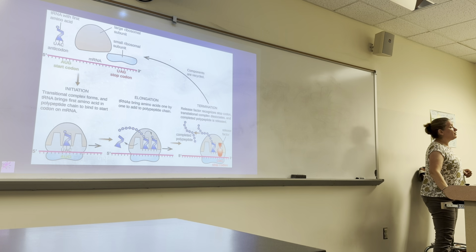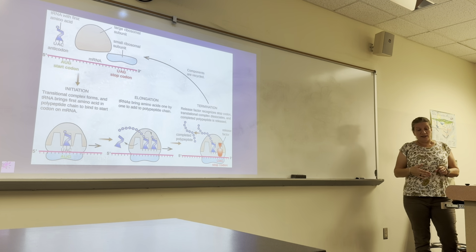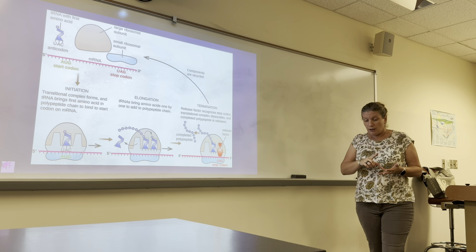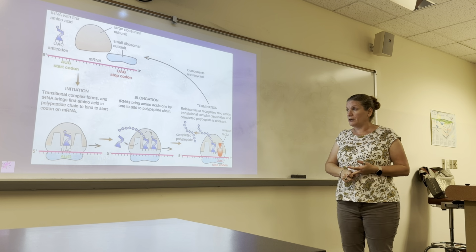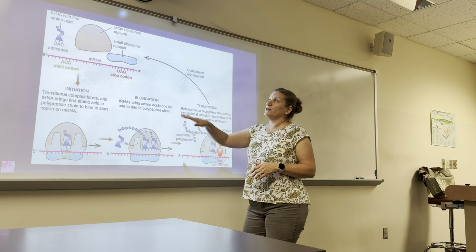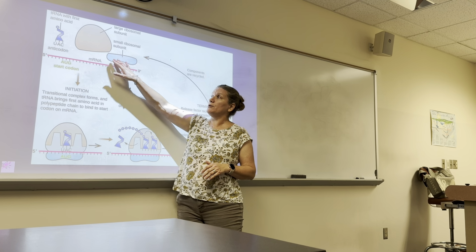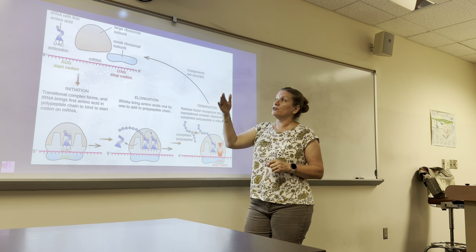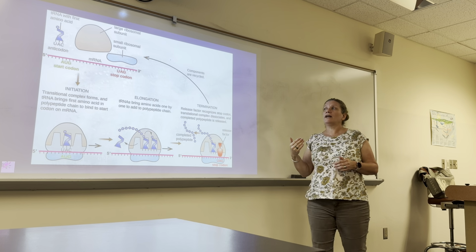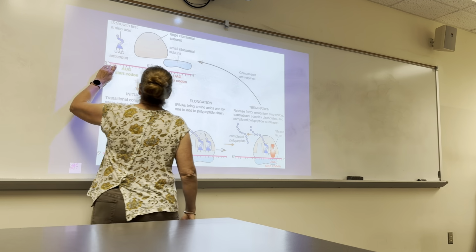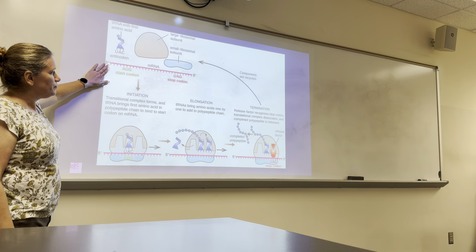All right, so the process itself has those 3 stages: initiation, elongation, and termination. So initiation is going to start with the small subunit interacting with the messenger RNA, and it is going to bind near the 5' end.